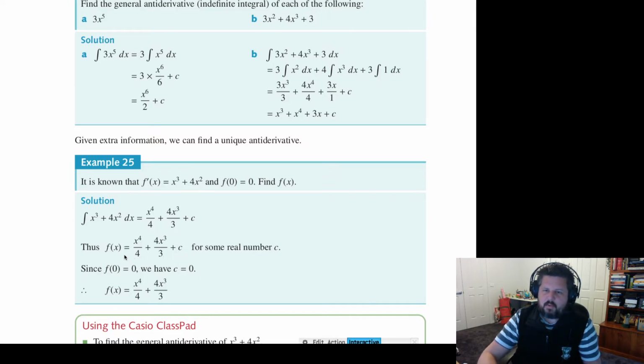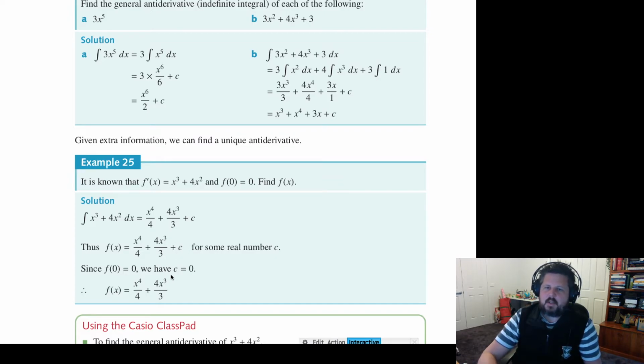Now, we've got the original function, but we want to find out this c value. So this additional information is saying that when we substitute 0 into the original function, it comes out to being equal to 0. And so if you were to substitute 0 into here and it evaluates to 0, we know, rearranging it, that c has to be equal to 0.